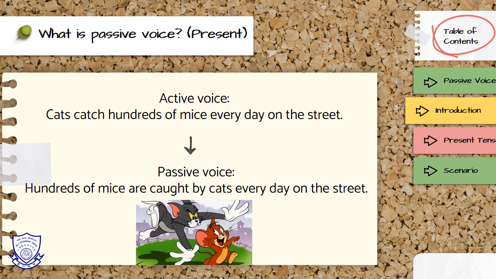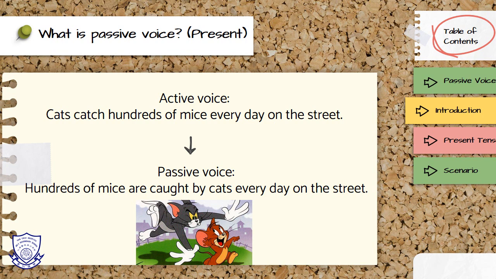Here is an example of how sentences in the passive voice are written, and this is in present tense. First of all, in the active voice, the sentence reads, "Cats catch hundreds of mice every day on the street." When the same sentence is written in the passive voice, you may write it as "Hundreds of mice are caught by cats every day on the street."